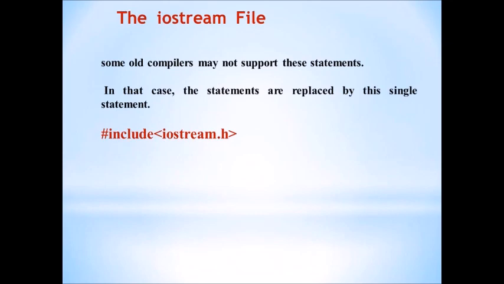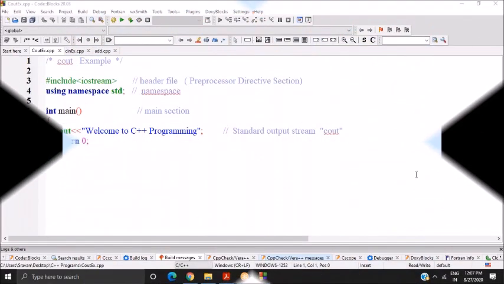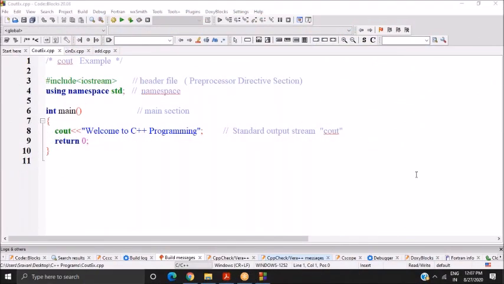So finally, in order to implement input output operations, you must include the header file iostream. I will explain the input output operation with some examples. So in the first example, that is a cout statement example.